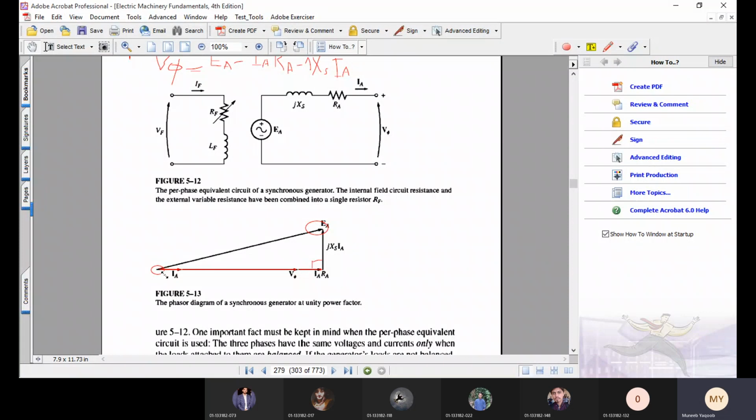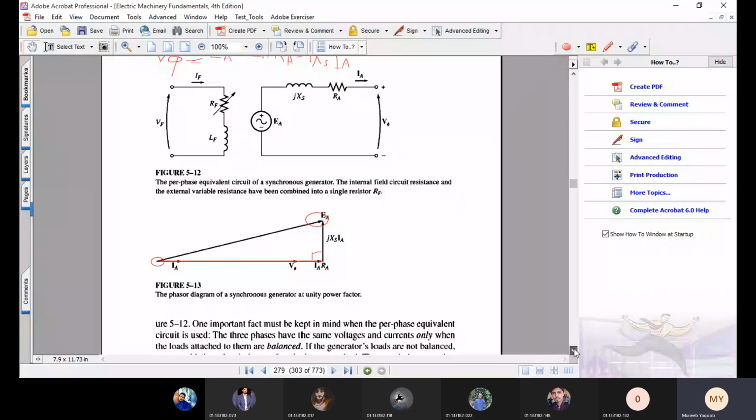So clearly our EA, the hypotenuse of this right angle triangle, is the resultant vector of this phasor diagram. This phasor diagram was drawn for a unity power factor or a resistive load.